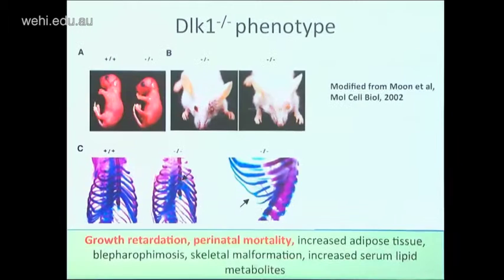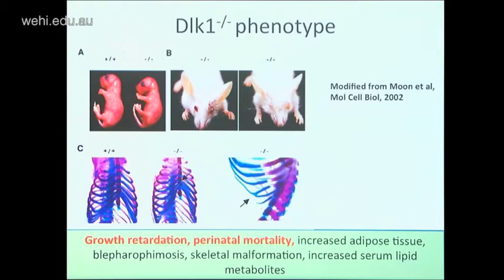Now, this one is created from only deleting exon 2 and 3 of the Dlk1 gene. And as I've mentioned before, the biggest exons are actually exon 5 and 4.